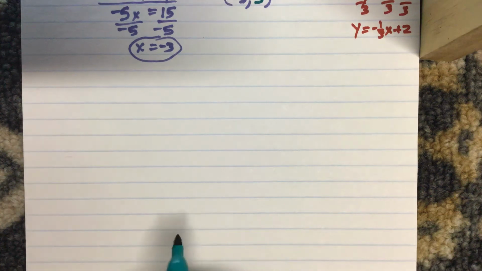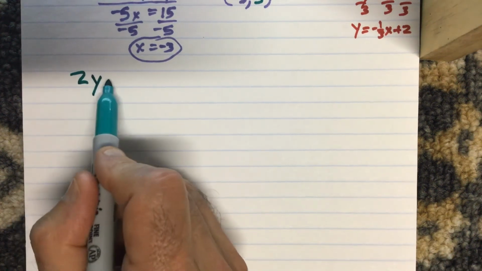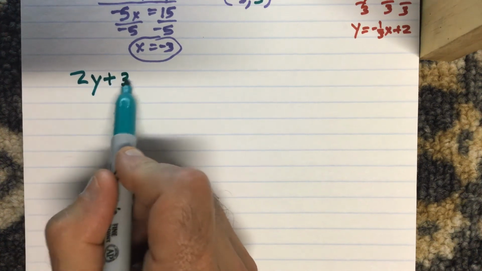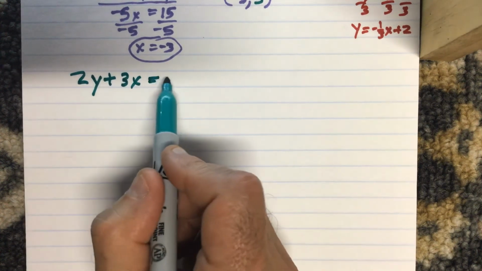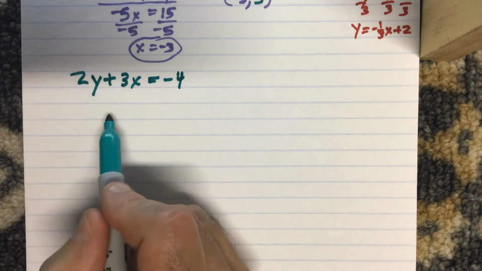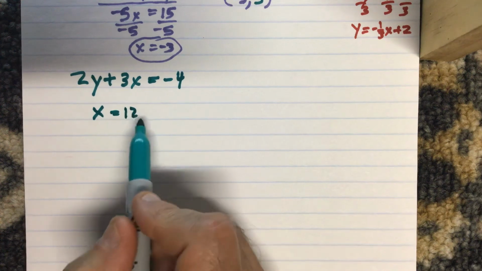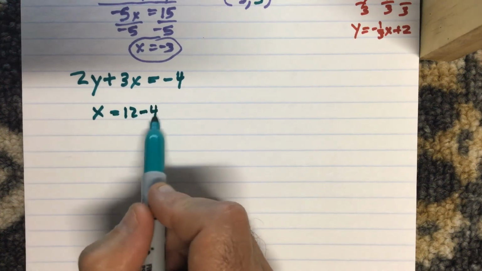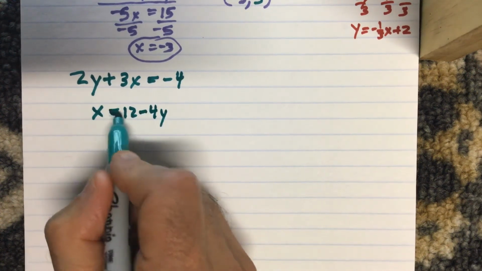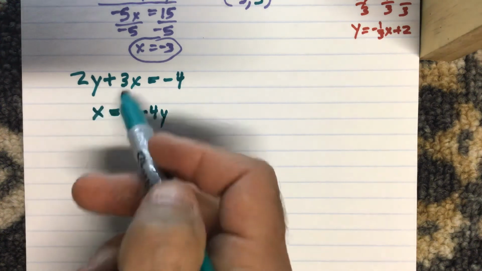So let's look at 2y plus 3x equals negative 4. And the other equation is going to be x equals 12 minus 4y. Now notice in this one it says x equals instead of y equals. It doesn't matter which variable you plug into which function.